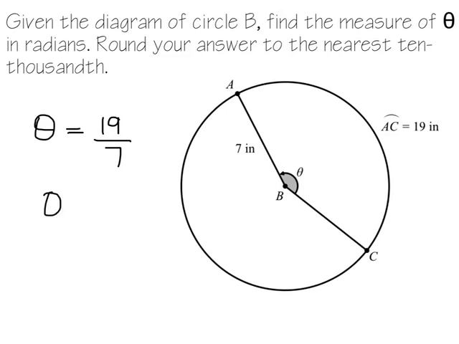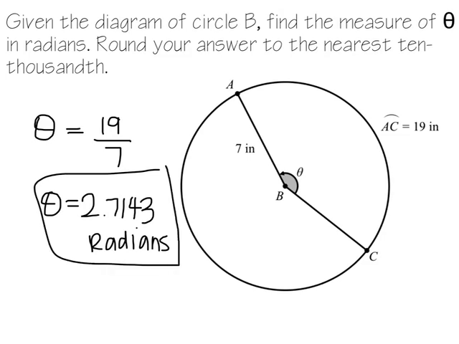That's 4 decimal places because the number 10,000 has 4 zeros. So this is 2.7143. Or in other words, it takes the radius 1, 2, and about a quarter times to go between these 2 points right here.